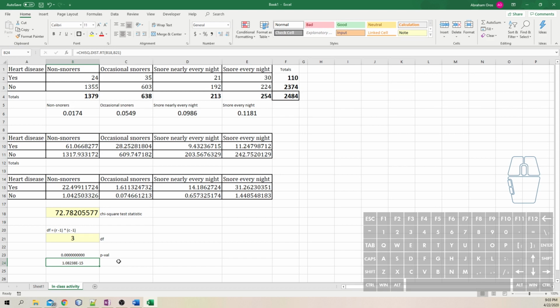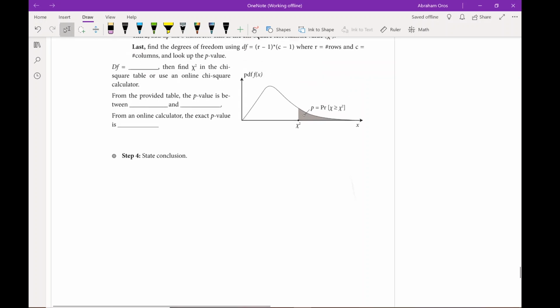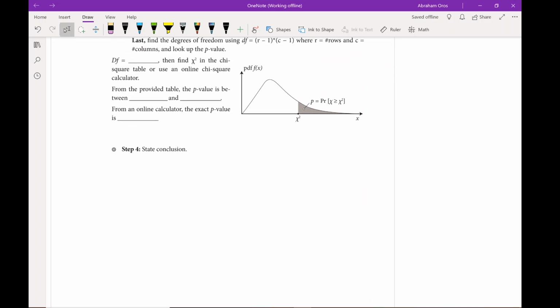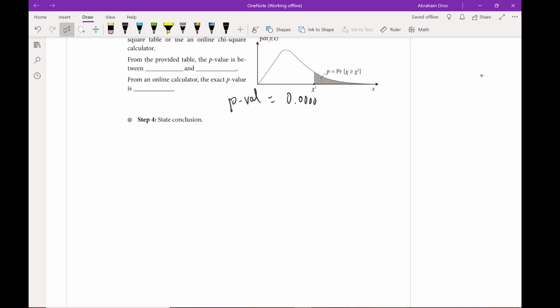So come back to step 4 in your workbook, and let's talk about what we found. All right, we've discovered that the p-value is equal to basically 0. So that tells us, as it always does, to reject the null hypothesis.